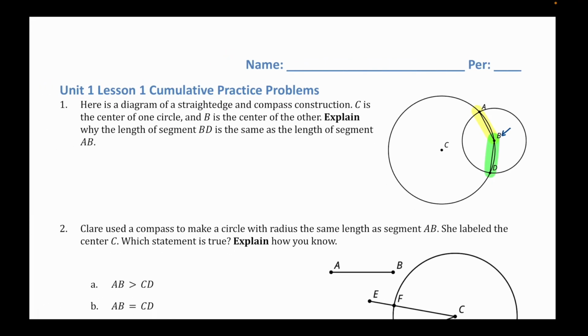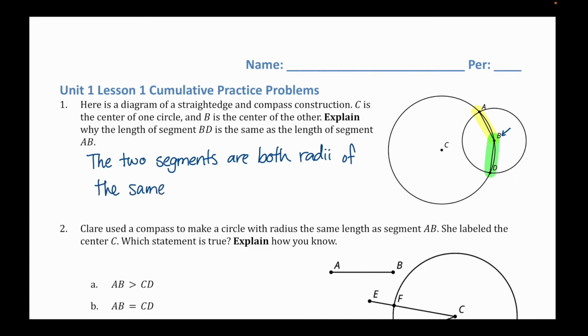So the two segments are both radii, which is the plural of the word radius, of the same circle. So they must be the same length.